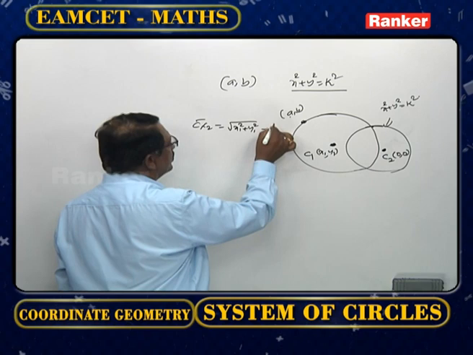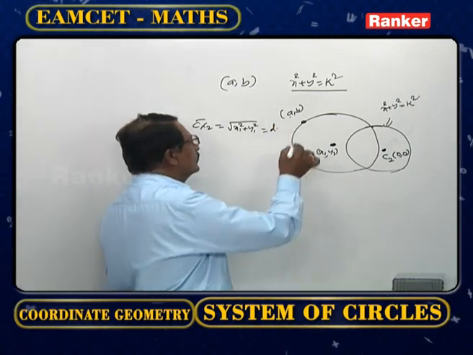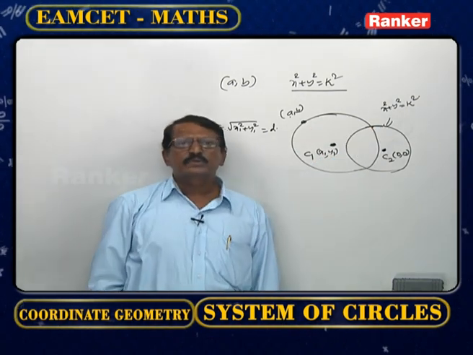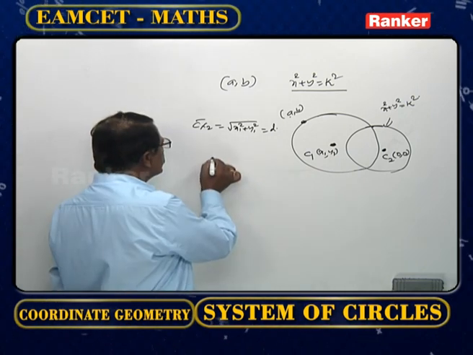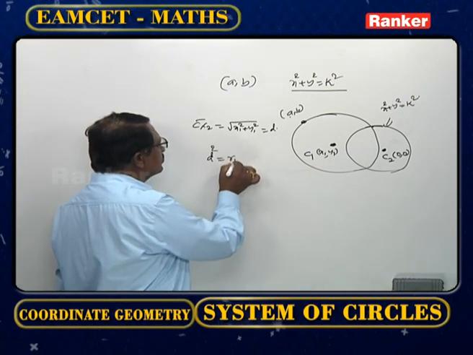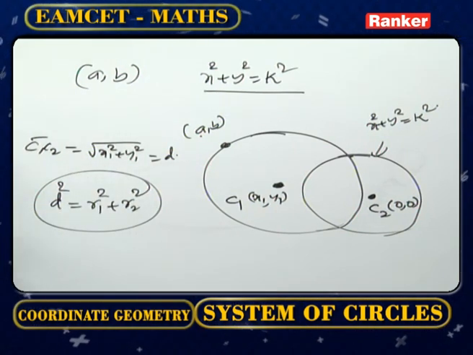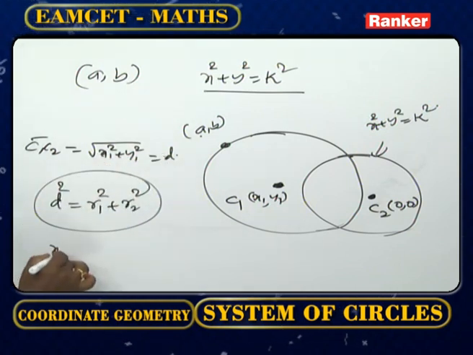It is nothing but d. Since the two circles are orthogonal, the angle between the circles is 90°, the condition is d² = r1² + r2². Here d² = x1² + y1².